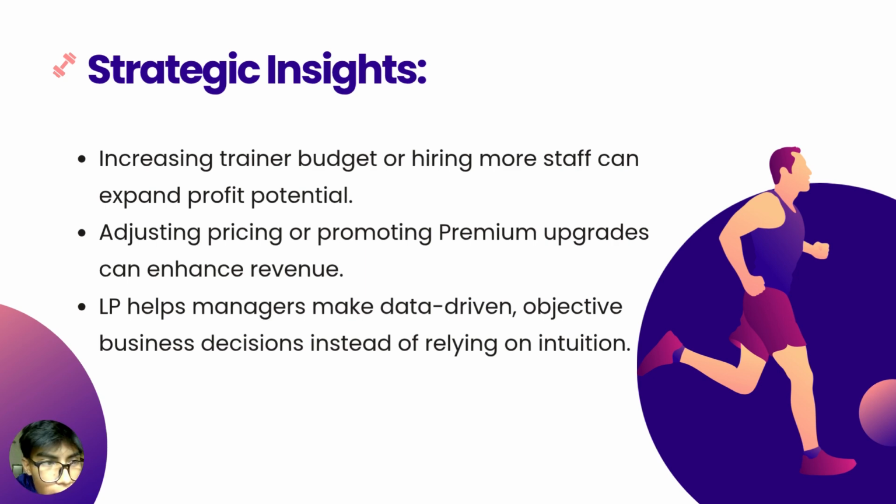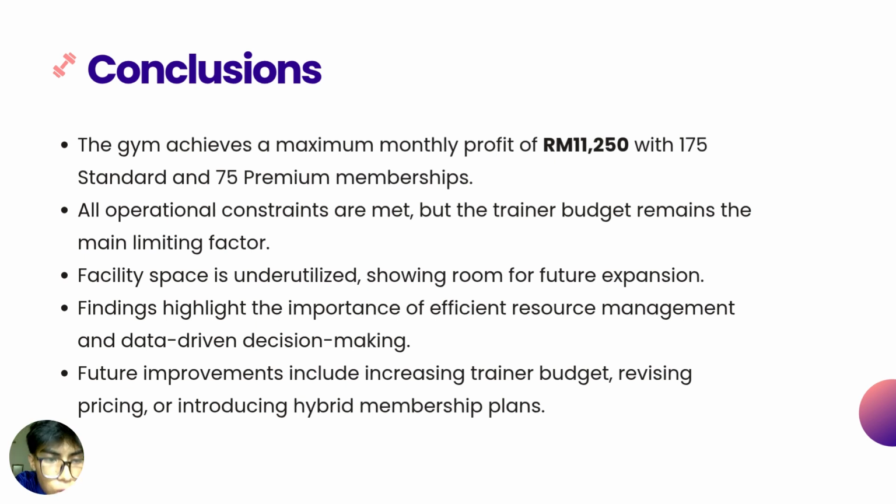All right. So, to conclude, our project today shows the gym can achieve a monthly profit of 11,250 ringgit by selling 175 standard and 75 premium memberships, and all constraints are met, with the trainer budget being the main limiting factor.